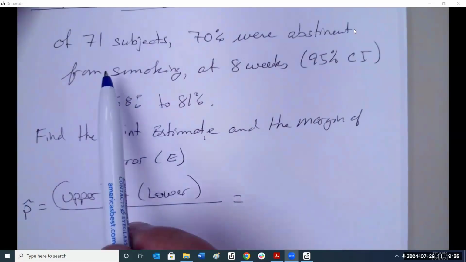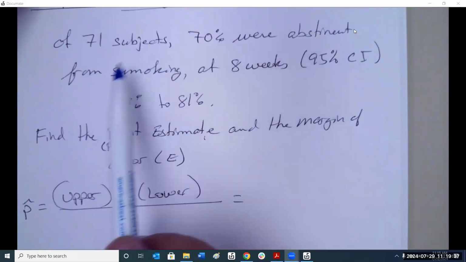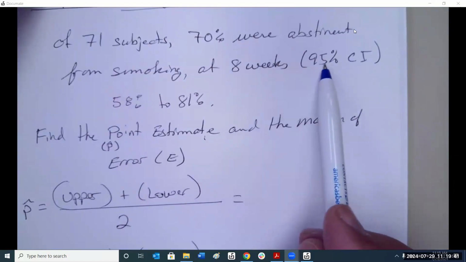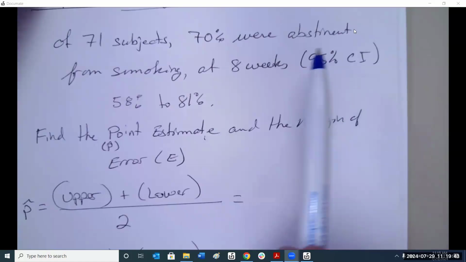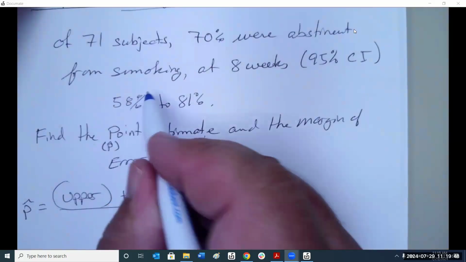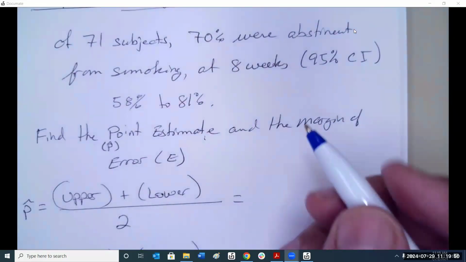What it gave us was that of the 71 subjects, 70% were abstinent from smoking at 8 weeks, with a 95% confidence interval ranging from 58% to 81%.